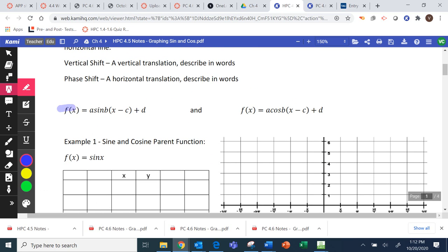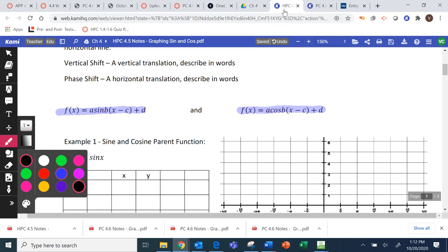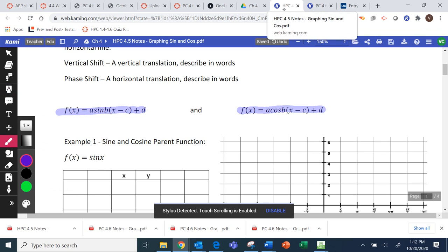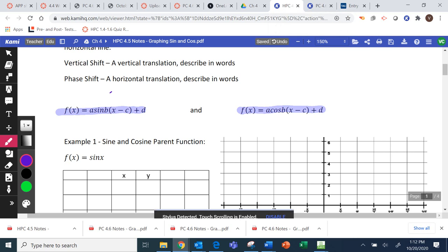Then we have these two equations here. These are the transformation functions for sine and cosine. They're the exact same transformation functions that we were using in chapter 1, only it's for sine and cosine. What you do need to notice is that B is factored out.